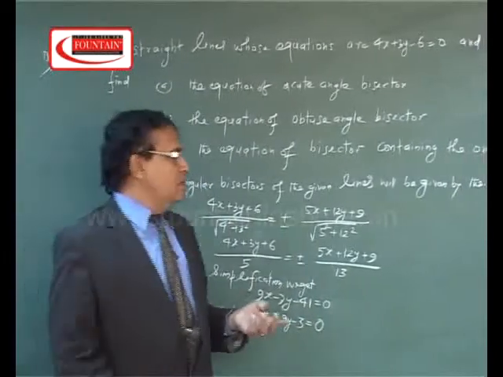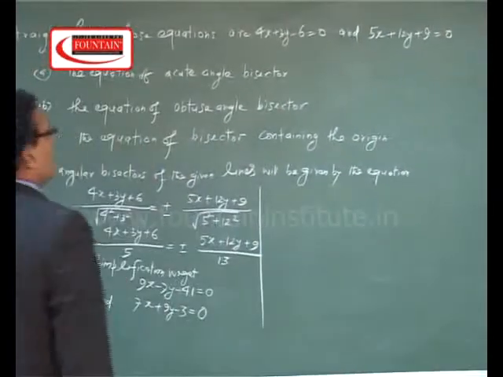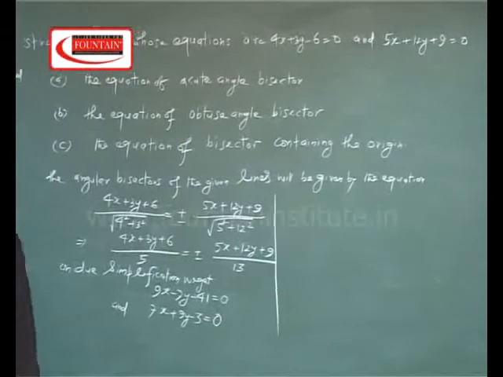For this, we calculate the angle between the bisector and the line.